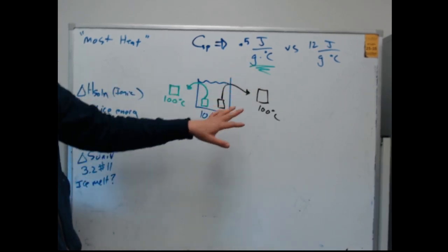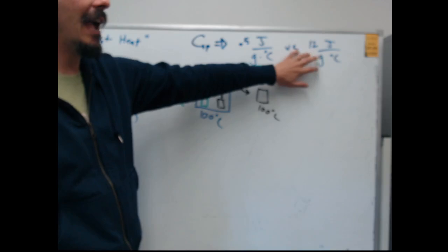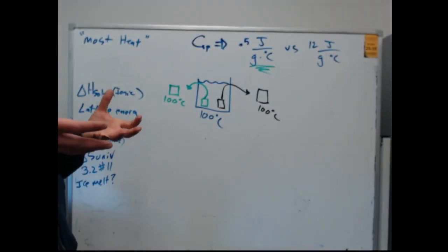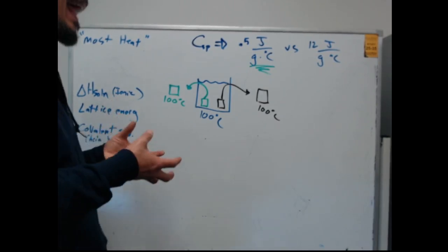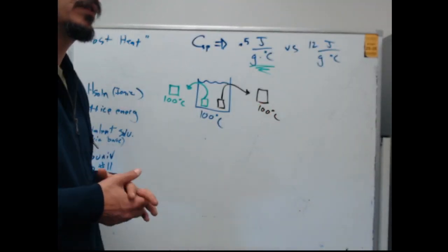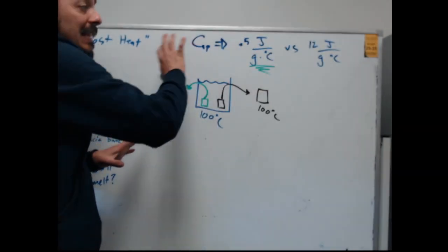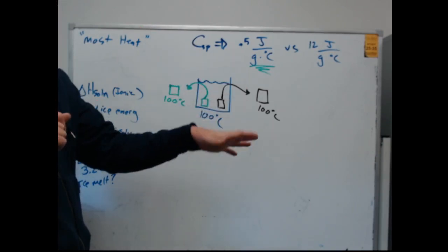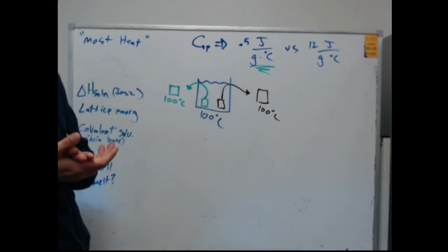So this material with the higher heat capacity takes more energy to get it up to 100 degrees Celsius. But then when I have it at 100 degrees Celsius, it carries more energy with it as it moves. Heat capacity doesn't relate to one simple thing; we always experimentally determine it.